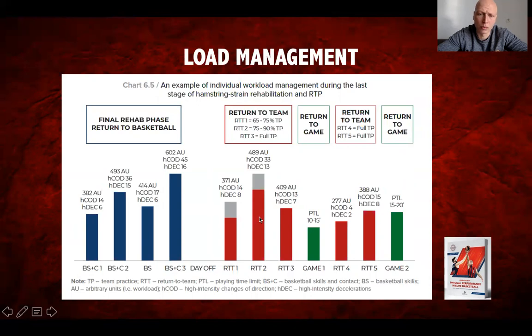What we said on the previous slide, a minimum of 3 training sessions where the player will do basketball skills and contact. So we had 1 session of basketball skills and contact, a second basketball skills and contact session, then a little bit lighter day with only basketball skills without contact, and the third practice with basketball skills and contact, after which he gets a day off and he can join the team.